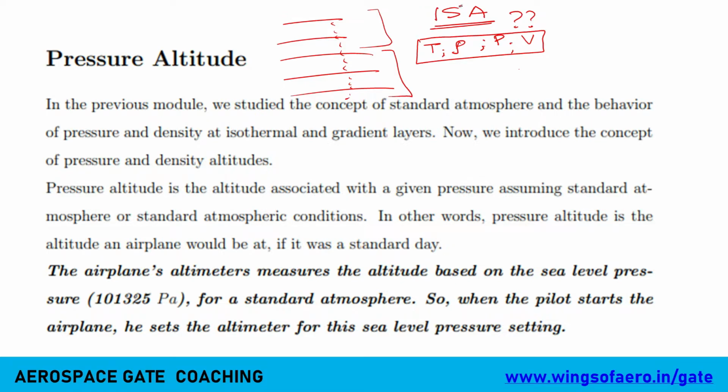Now, why do we have this ISA? As you know, Earth has different conditions at different places, because the sun directly hits the earth's surface here, and the heating is very narrow if I look at the polar region.